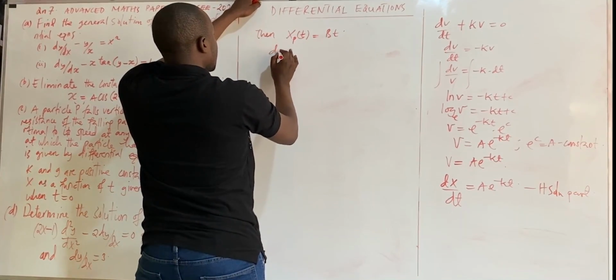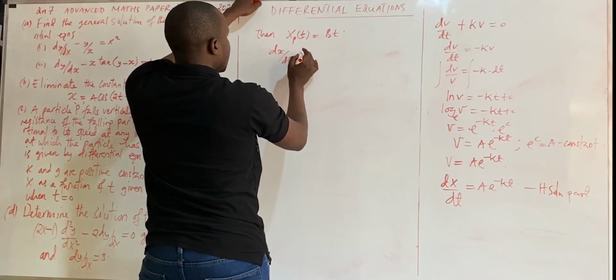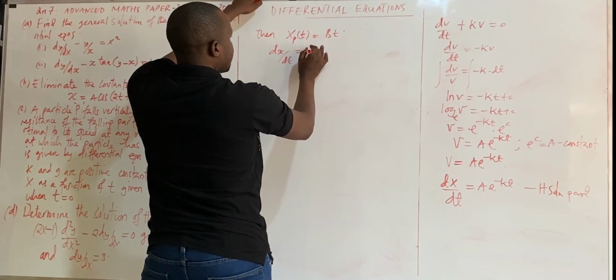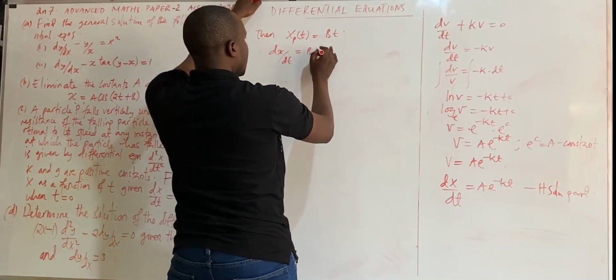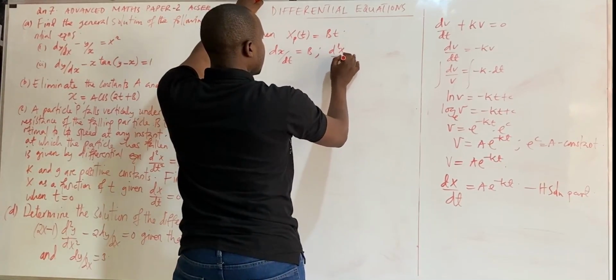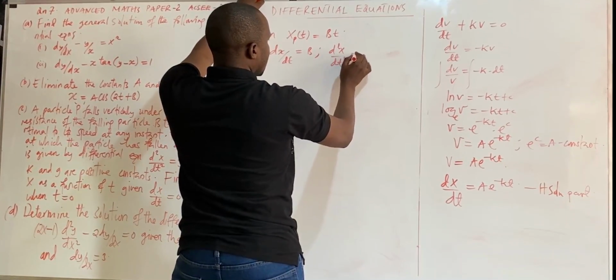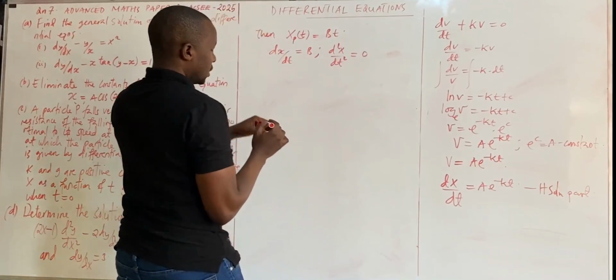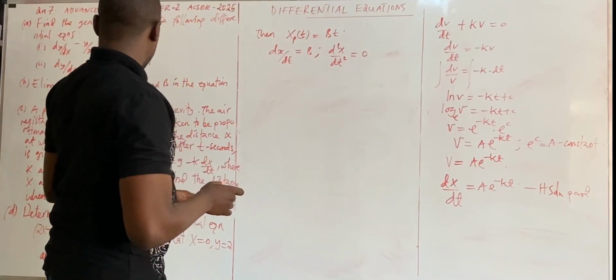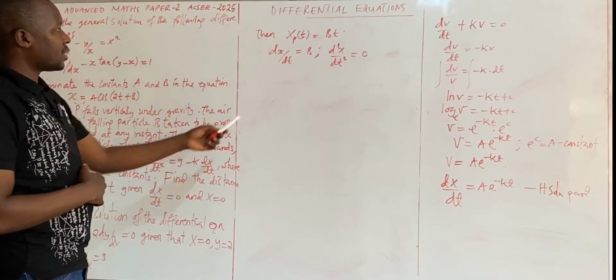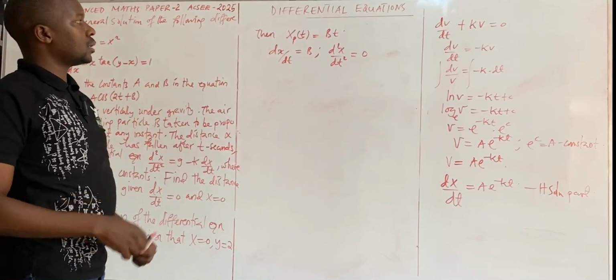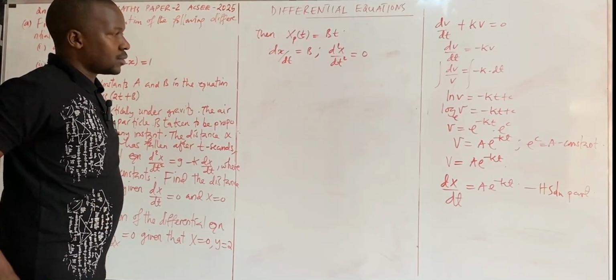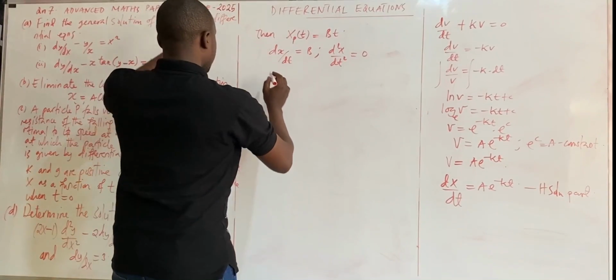So if we differentiate dx with respect to t, here becomes b. And now if we perform the second derivative, it becomes 0. So we go back here and we substitute the values for dx/dt and d squared x over dt squared.